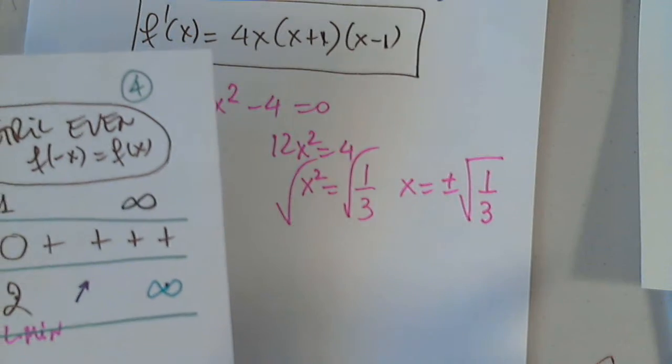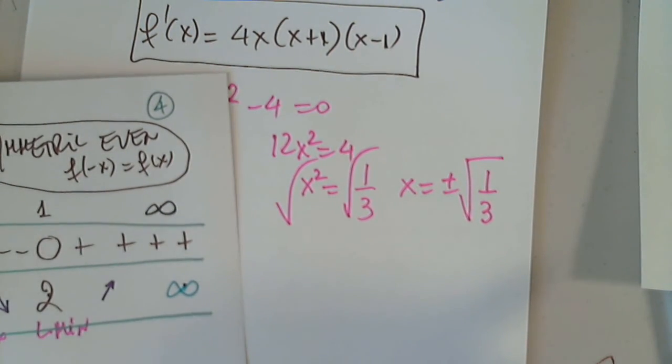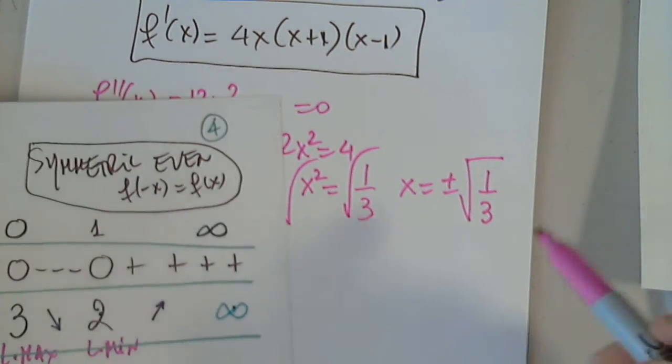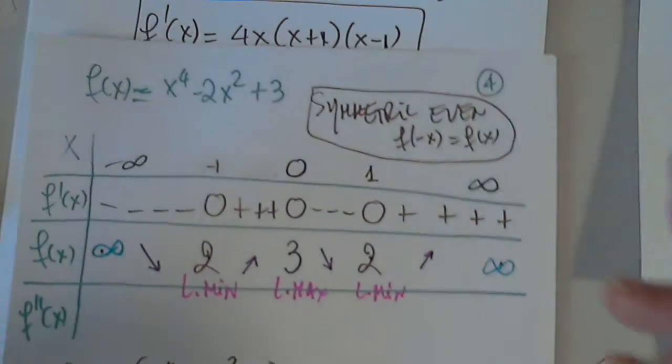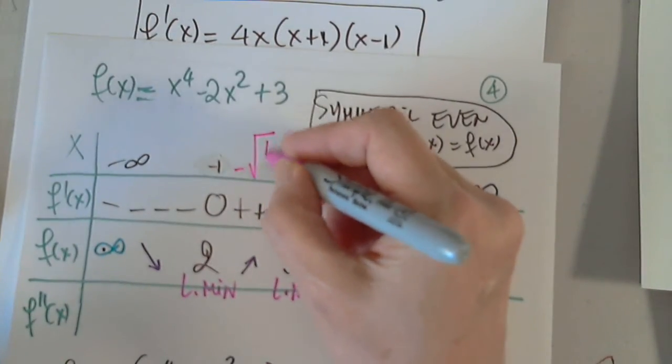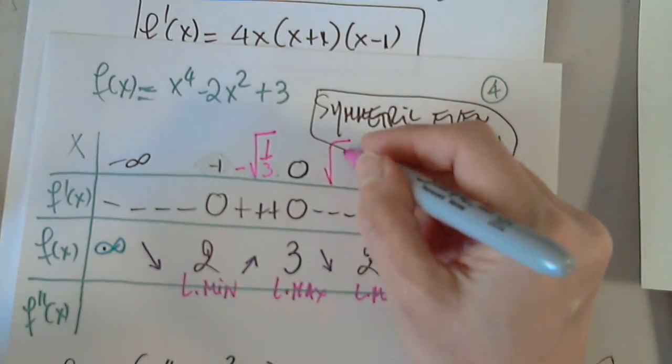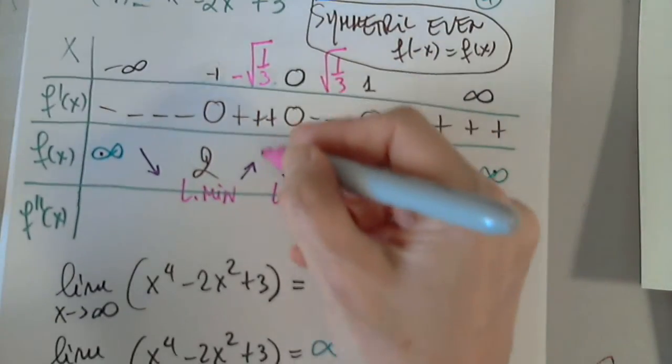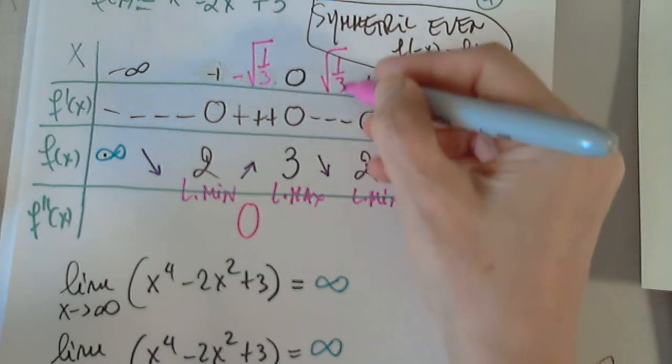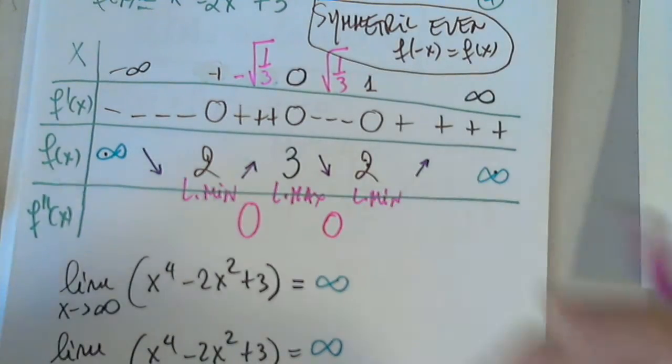At least I don't have to redo my table. So plus or minus the square root of 1/3. Negative the square root of 1/3. The square root of 1/3. And here is 0. And here is 0.